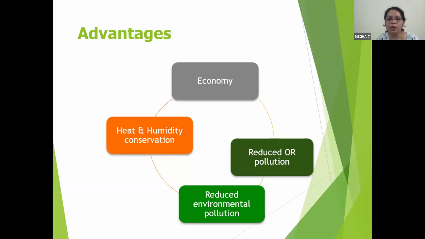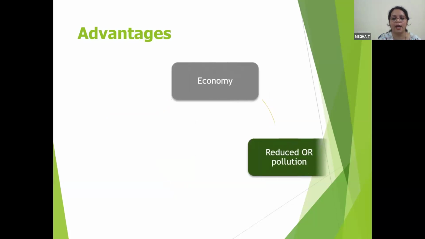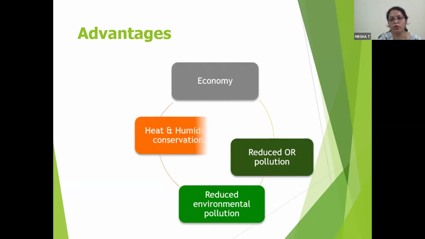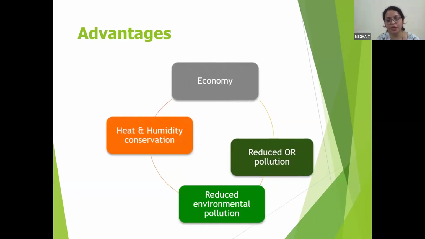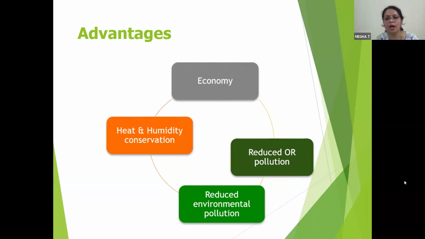Whereas for reduced OR pollution and reduced environmental pollution, as we know, isoflurane and halothane are halogenated chlorofluorocarbons, which cause ozone depletion. Whereas sevoflurane and desflurane are fluorinated halogenated compounds, which can cause a greenhouse effect. Hence, OT as well as environmental pollution is reduced.